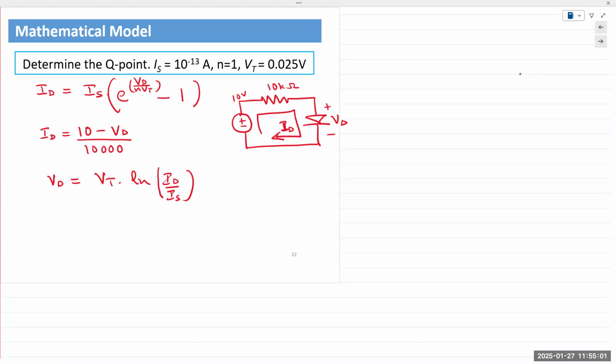We can do one thing, and that is plug this into this equation for ID, and we can obtain just one unknown variable. And so I can write VD is VT times ln of 10 minus VD over 10,000.